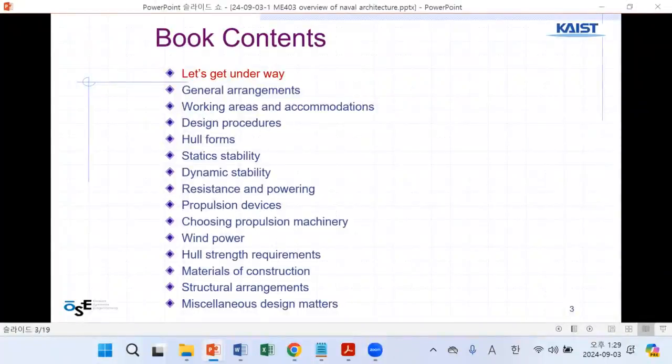So big engine is good, but it can be expensive and large, right? So before making the ship, you need to calculate the resistance and power requirements to guarantee the speed. So it's not easy.